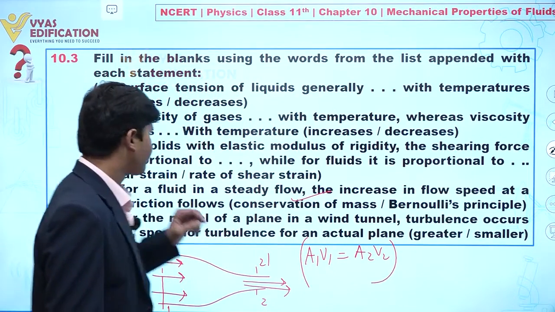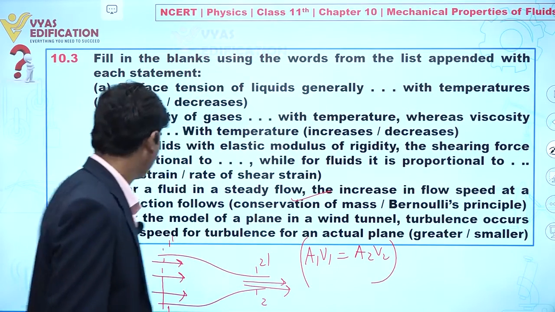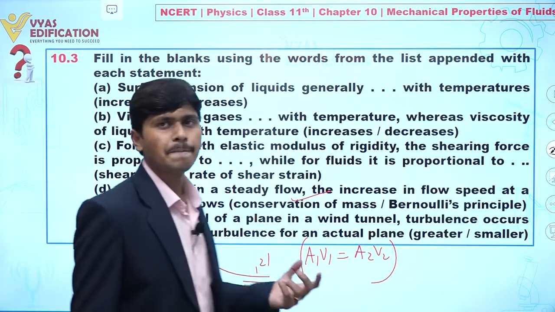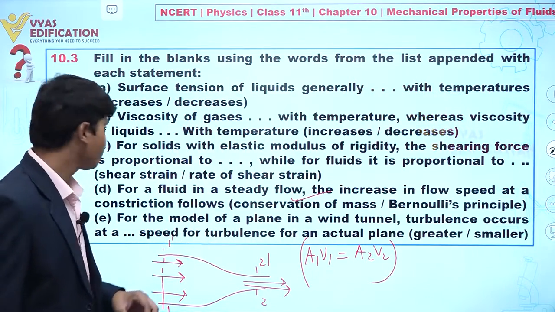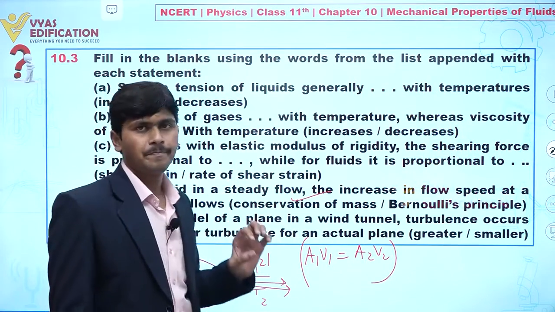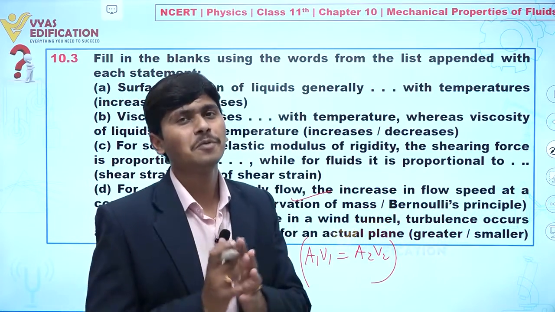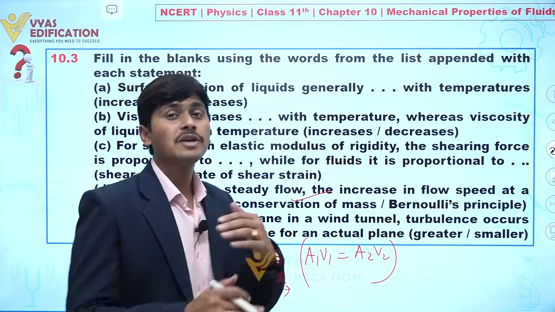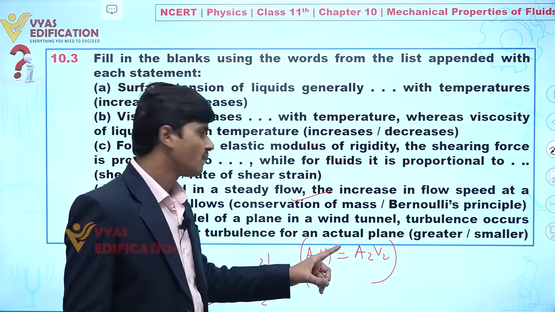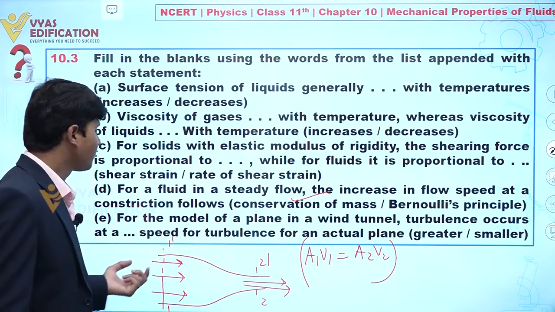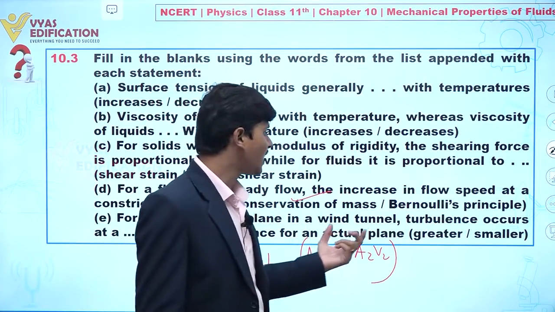Now part number E. This is just a theoretical question. For a model of a plane, if we are simulating a model of an aeroplane in a wind tunnel, turbulence occurs at a speed, turbulence for an actual plane.